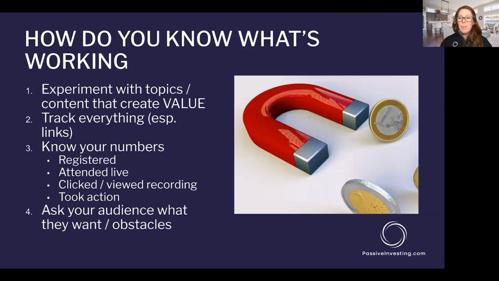Okay. Now, how do you know what's working, right? We're all business owners here. If you're tracking your metrics, what are your key performance indicators? How do you know what's working? Because the investor actually investing is a lagging indicator.